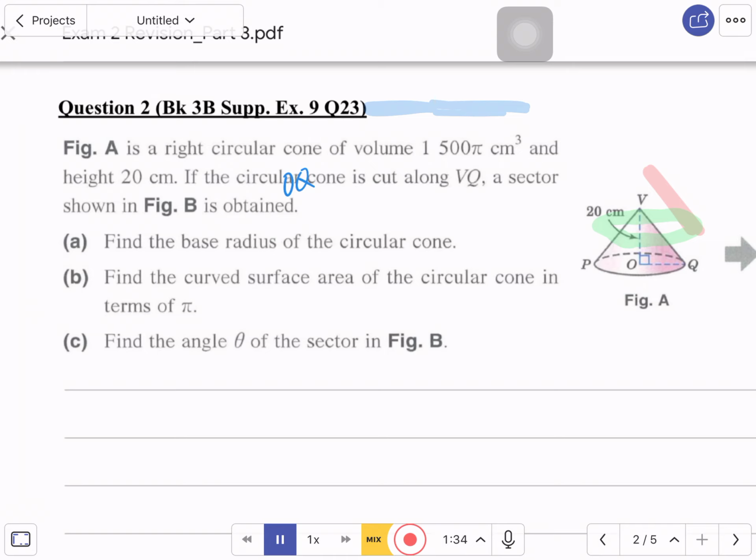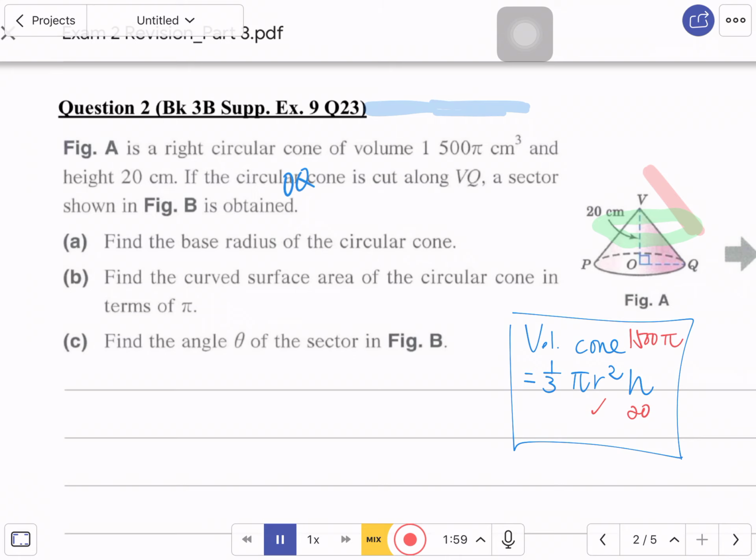We know that for a cone, its volume is 1/3 pi r square h. And for the volume, we know it is 1500 pi. The r is the thing that I want, h is 20.